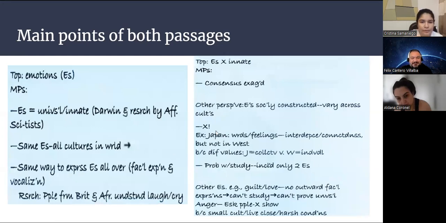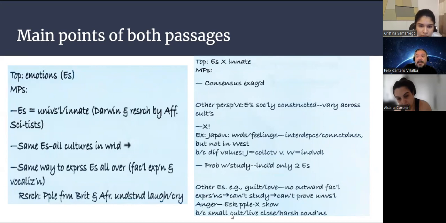It's not like that. For example, the example of Japan, because of the values that we just mentioned, and the study only included two emotions. So of course, those two emotions might be common, but there are many other emotions. And other emotions like guilt or love are not expressed outwardly, so it is difficult to see if we all feel it the same way.